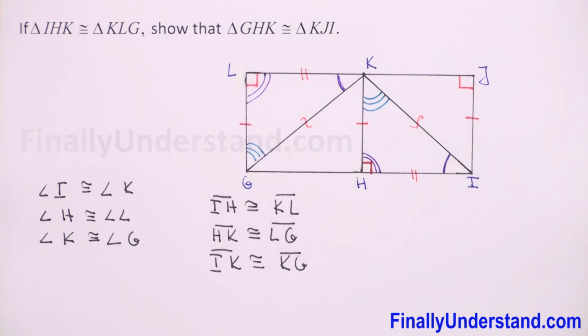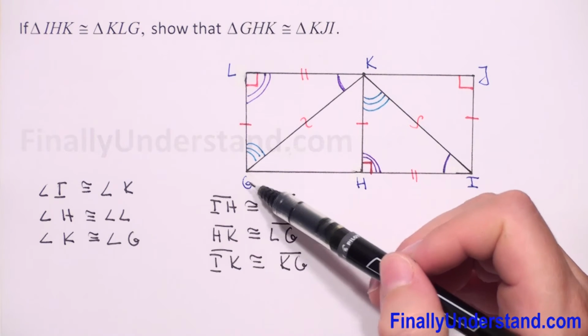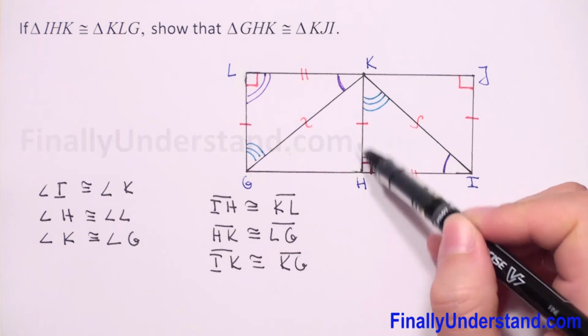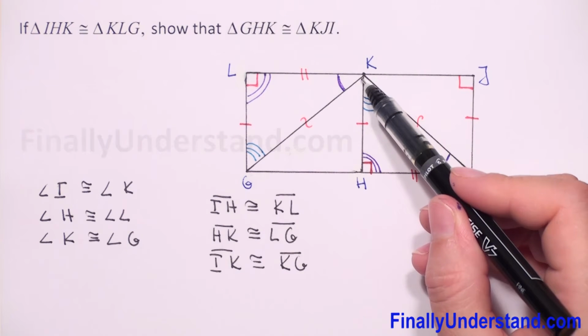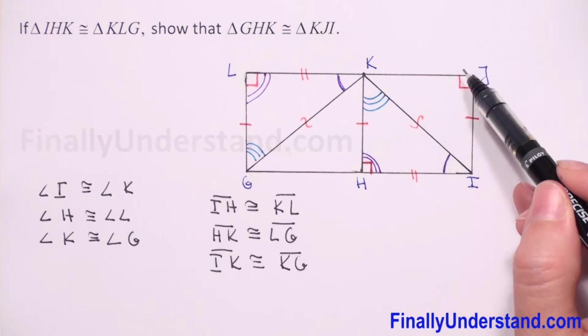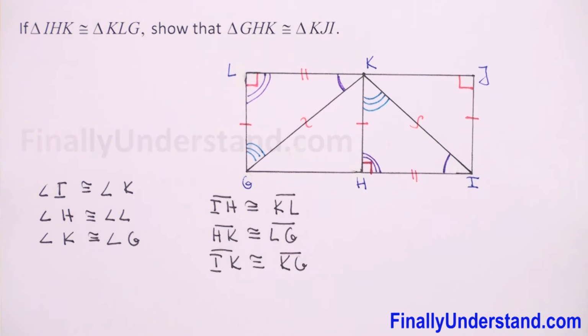So now we have to show that triangle GHK is congruent to triangle KJI. So let's shade these two triangles, and it will be easier.